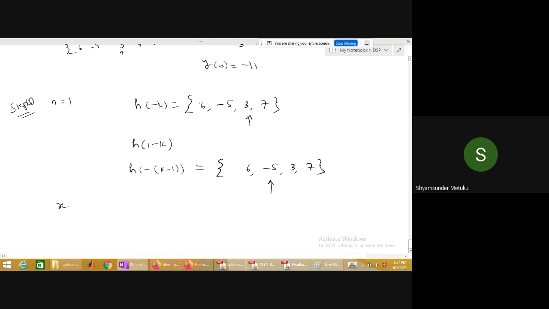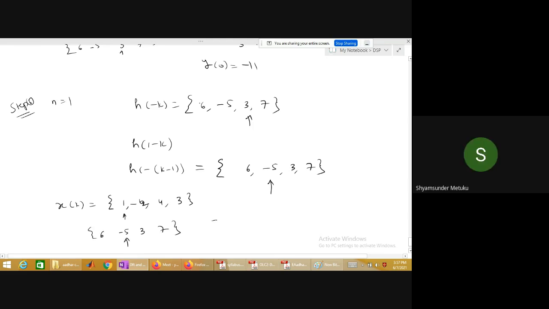Again multiplication. x of k is equal to 1, minus 2, 4, 3. Okay, so this is my arrow. So I should write minus 5, 3, 7, 6.